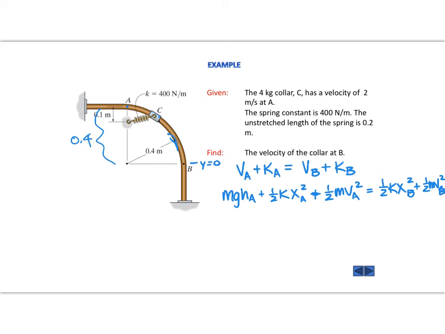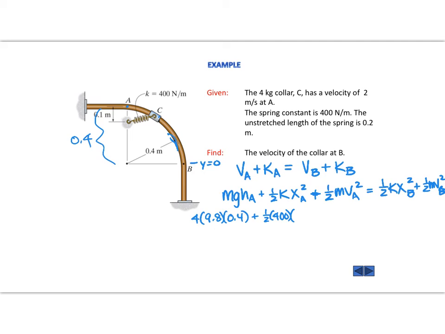All right, so putting in some numbers, it has 4 kilograms, 9.8. It's 0.4 meters off the ground, or off of point B. The spring constant's 400. Now, we're told that the unstretched length of the spring is 0.2 meters.